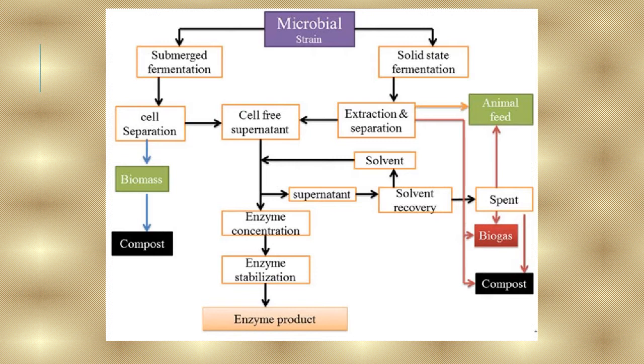And if the extraction is over, then we go for the next step, where the cell-free supernatant will be treated again. Then enzyme concentration and stabilization are done, and the enzyme product will be obtained. So this is the overall production of protease in industries.